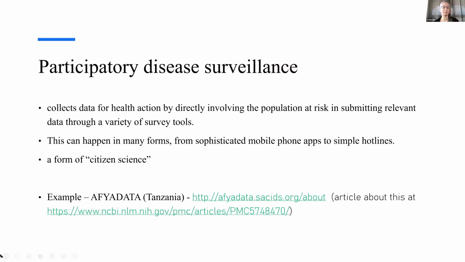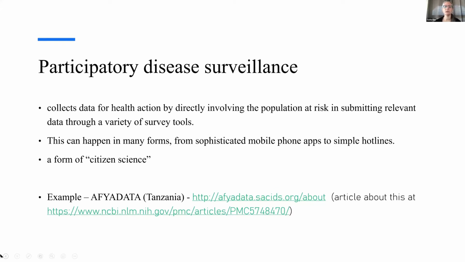Another one that's gaining a little bit more traction, particularly in this day and age of so much access to media, mobile phones and computers, is that the average person might actually become involved in disease surveillance. This is often termed citizen science or participatory surveillance.